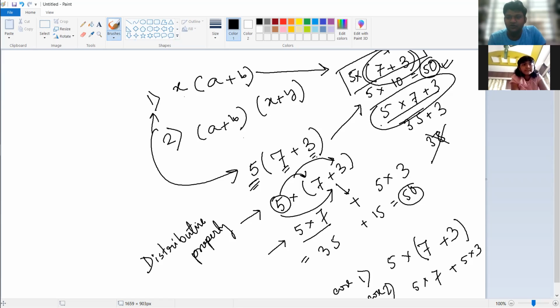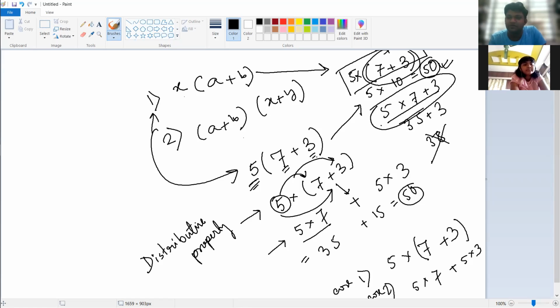Whether you go for the first type of thing or the second type, the second type meaning the procedure formula, you will get the normal answer. But in real life, you may not know how many people there are.